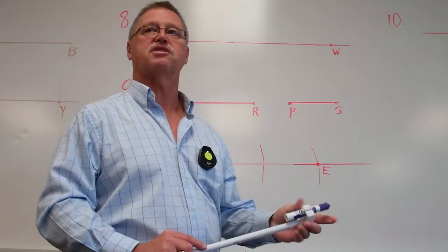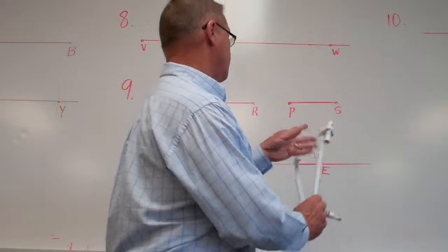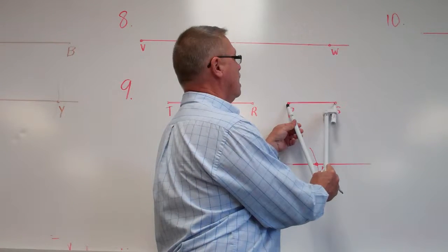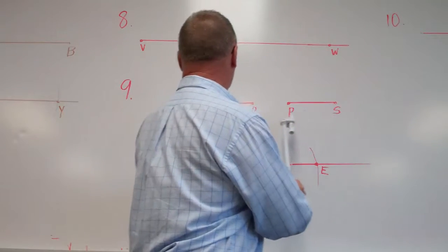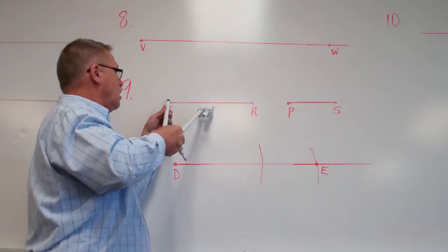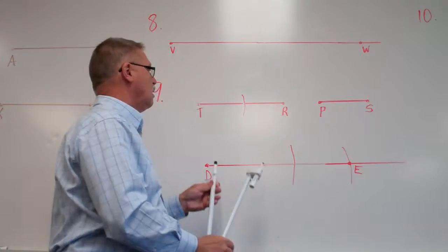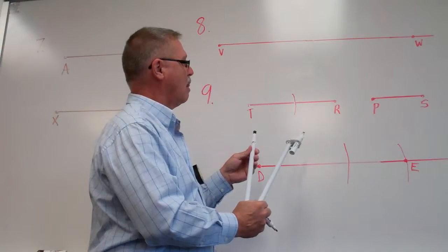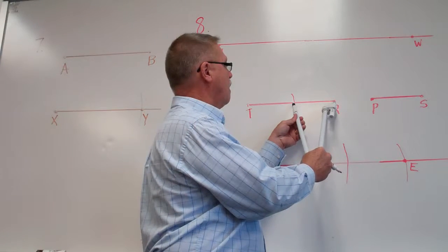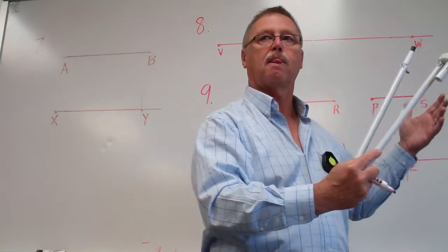Jordan, how does she want to finish? Okay, so you measure PS. Set my compass to PS, got it, and then go to the endpoint T. Mark it. And then set your compass from the arc to R. And that's your answer. What do I do with that? Put it on an endpoint and mark it.